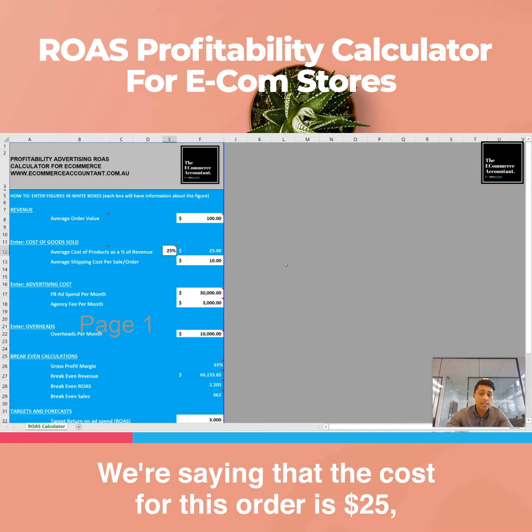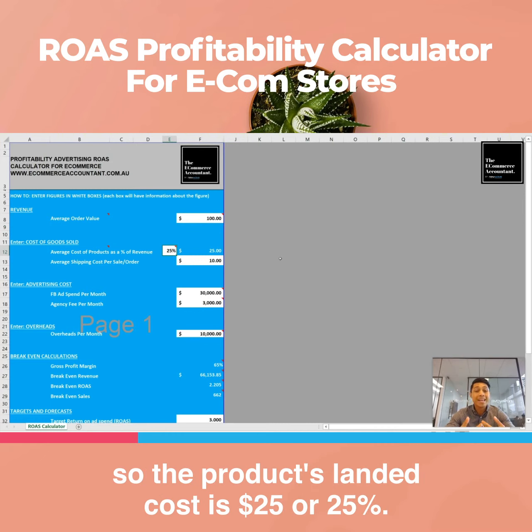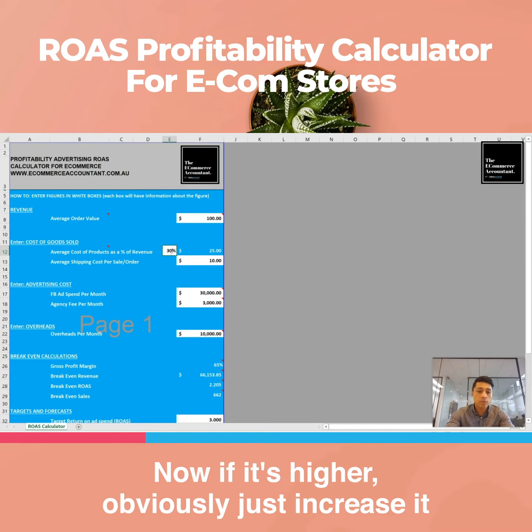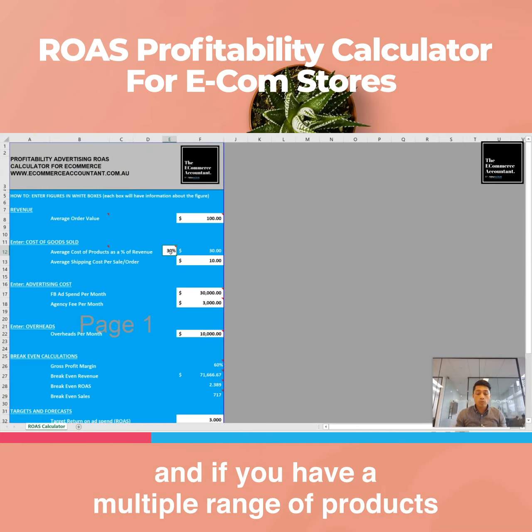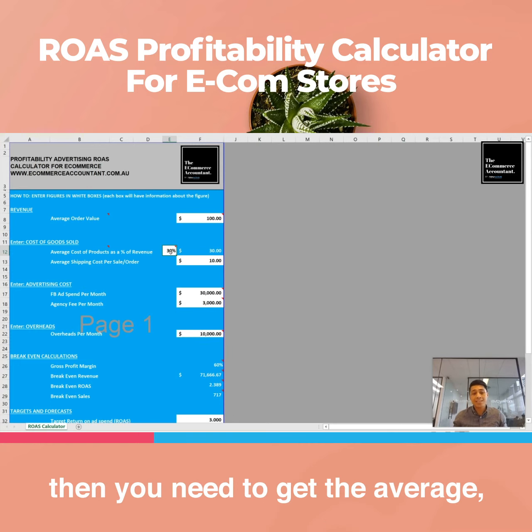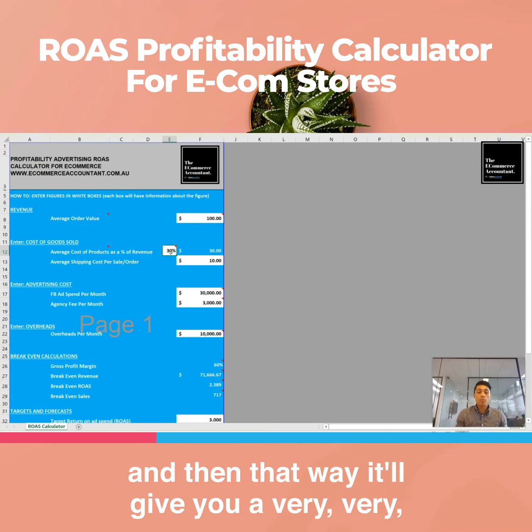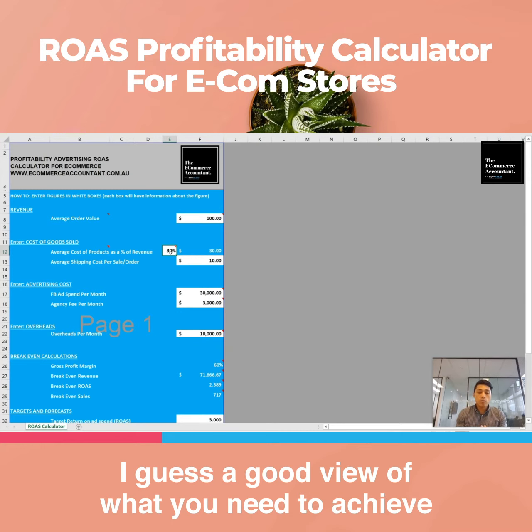We're saying that the cost for this order is $25. So the product's landed cost is $25 or 25%. Now, if it's higher, obviously just increase it, but you need to work this out yourself. And if you have a multiple range of products, then you need to get the average. And then that way it will give you a very good view of what you need to achieve across the board.